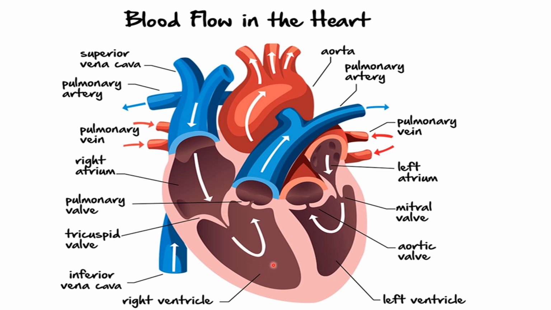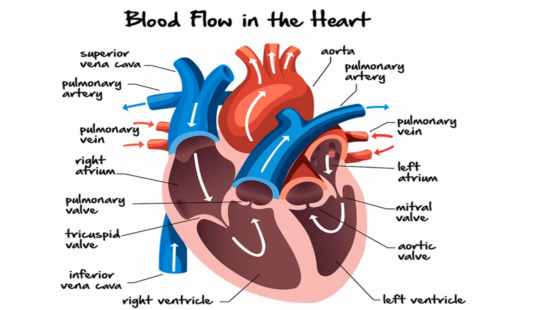Then the right ventricle contracts and forces this deoxygenated blood through the pulmonary valve into the pulmonary artery to the lungs for oxygenation. After oxygenation and release of carbon dioxide, this oxygenated blood comes back through the pulmonary veins from both sides of the lungs into the left atrium of the heart.